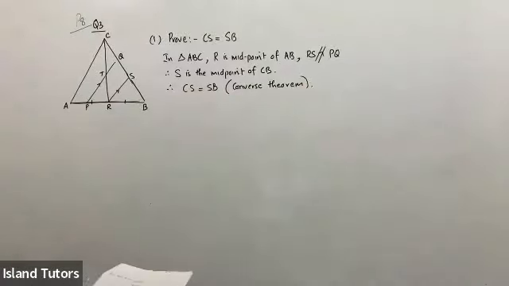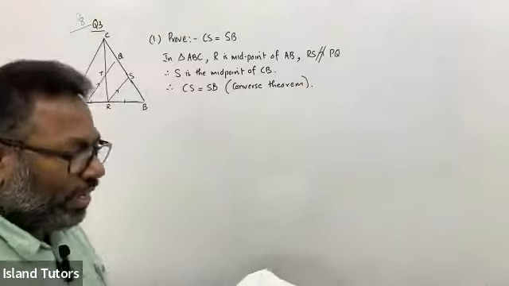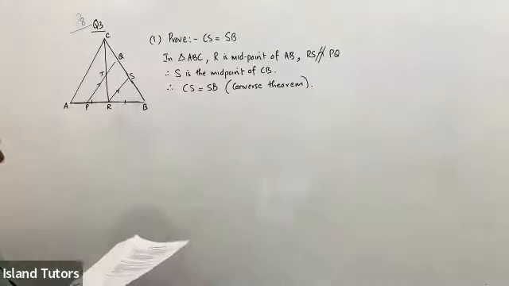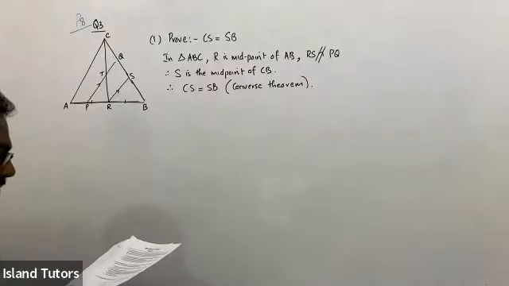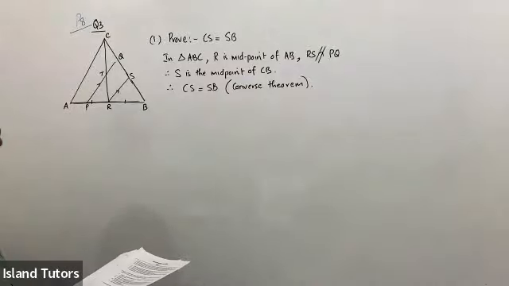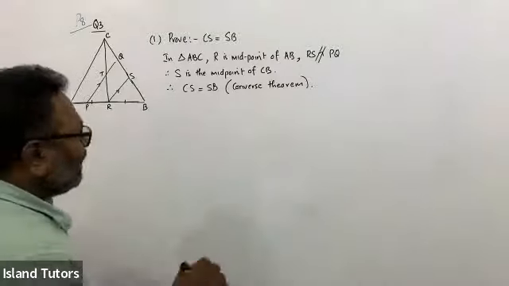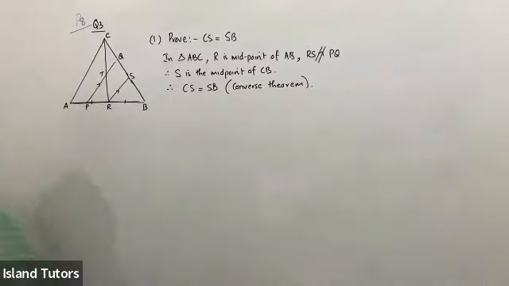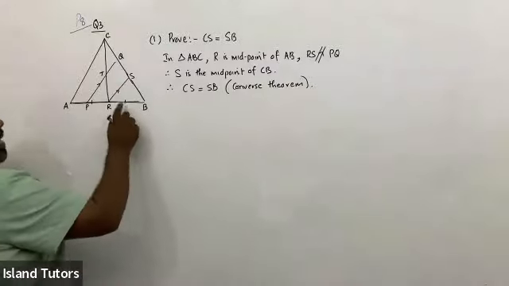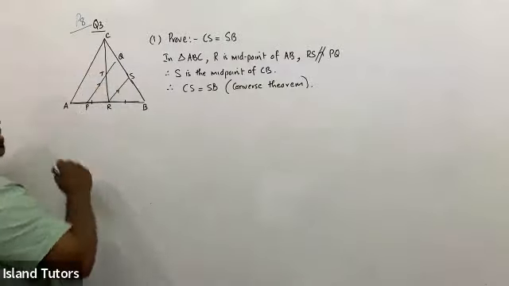Okay, right? They're saying in the triangle ABC, R is the midpoint of AB and T is the midpoint of CR and PQ is parallel to RS. So when they say RS is parallel to PQ, then RS is also parallel to AC.